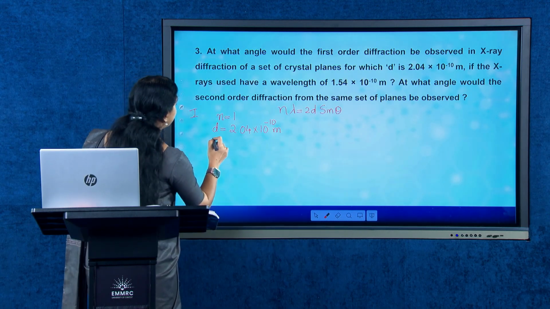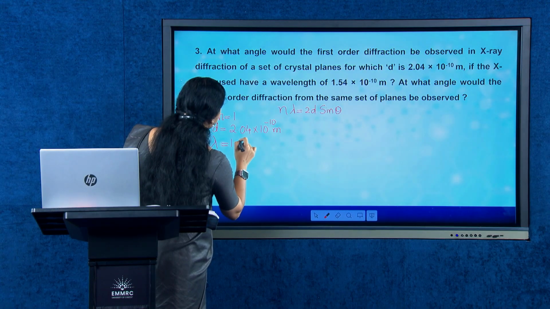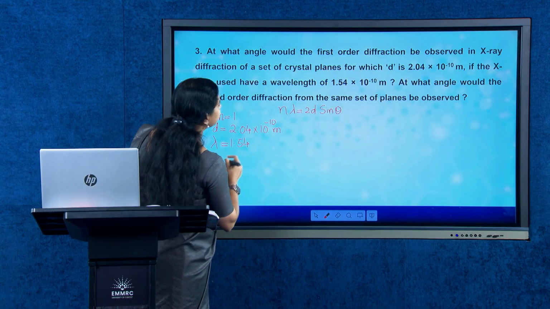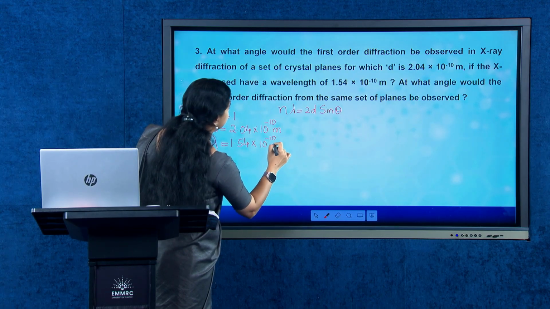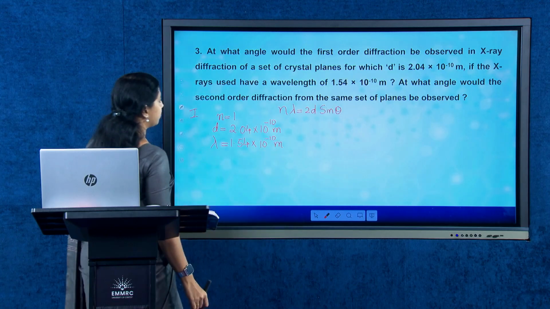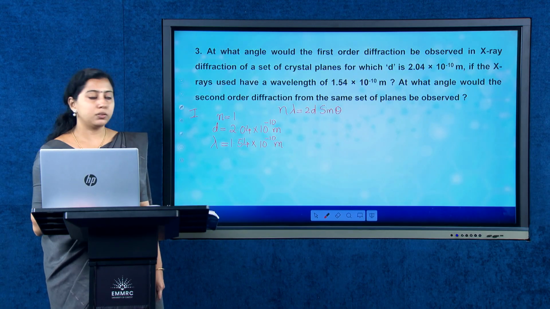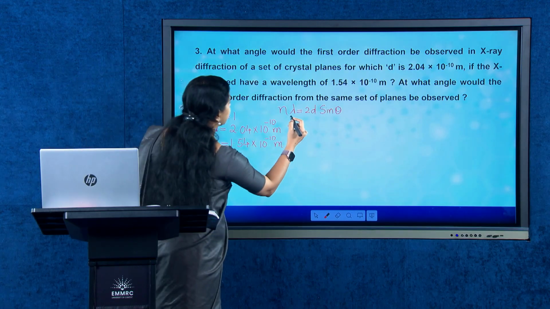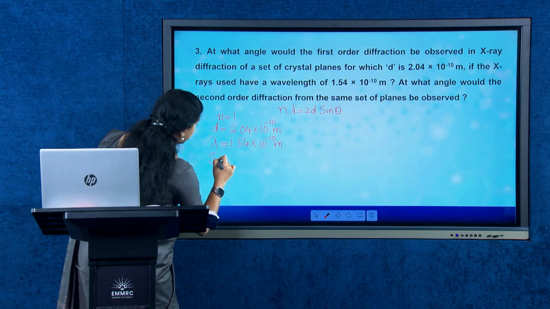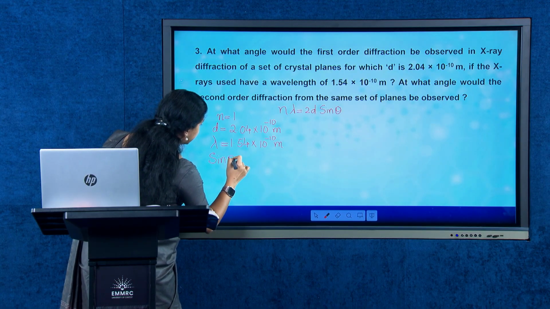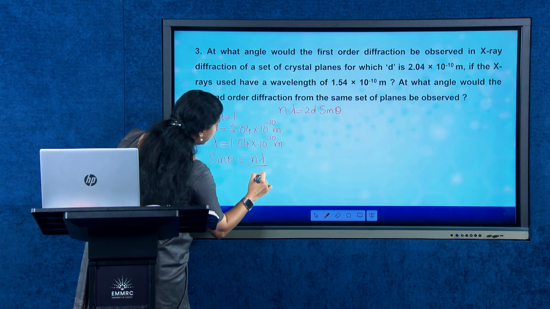The wavelength lambda is equal to 1.54 into 10 to the power of minus 10 meter. And we have to find out the angle at which this diffraction occurs. So, from this equation, n lambda equals 2d sin theta, we can find out sin theta. So, sin theta will be equal to n lambda by 2d.